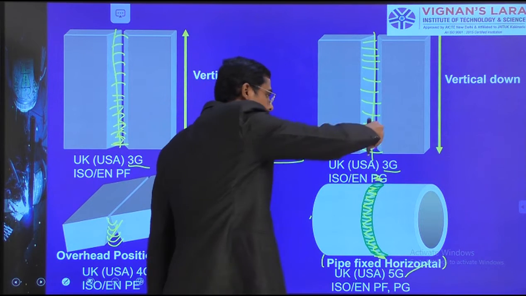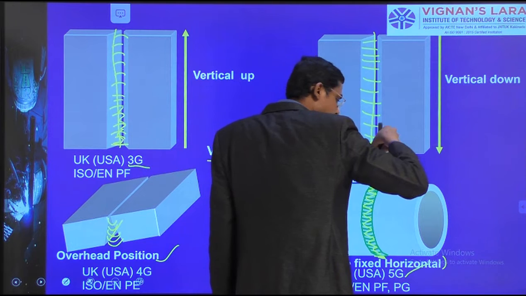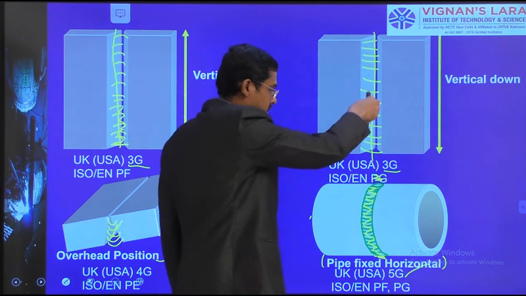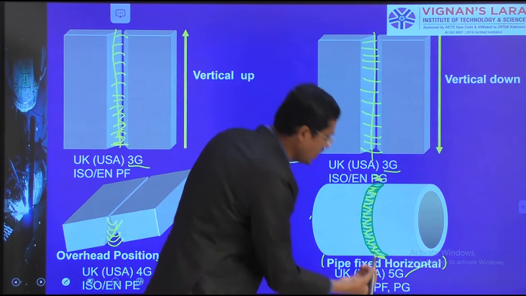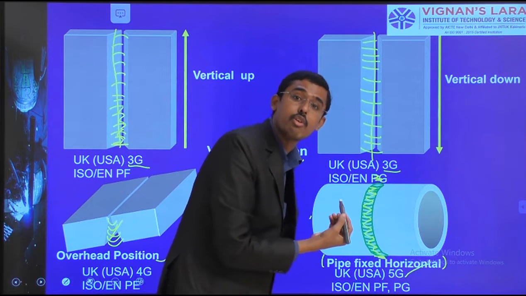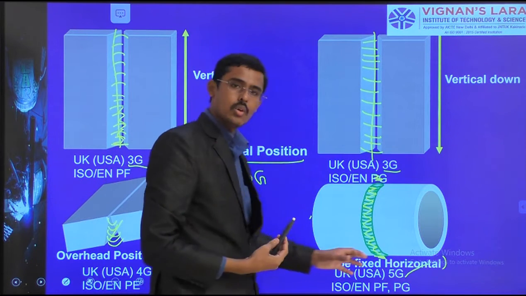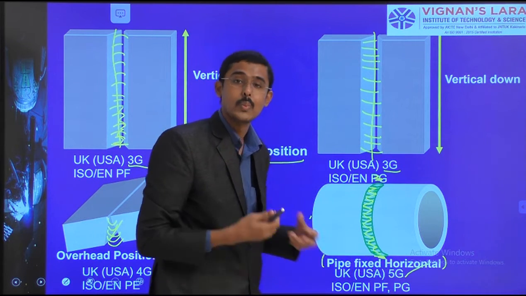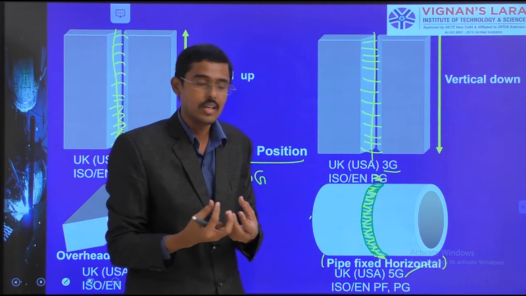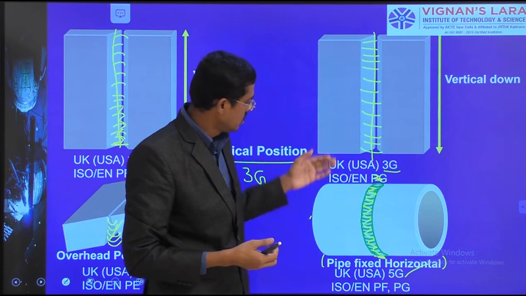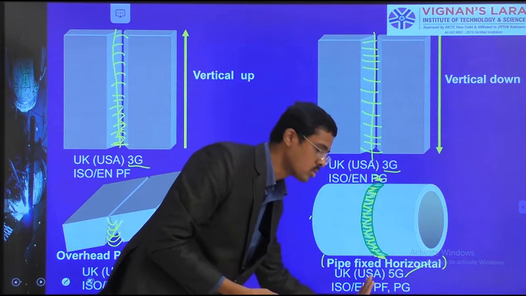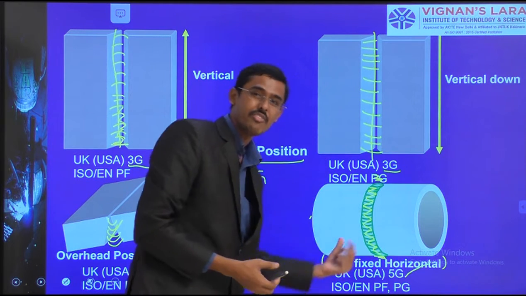When I am doing the same in the upward direction, it is flat 1G. And when I am doing the welding in the bottom, it is nothing but 4G. So when I am doing 5G welding, the welder is able to weld for 1G, 3G, and also the 4G portions. He is qualifying.